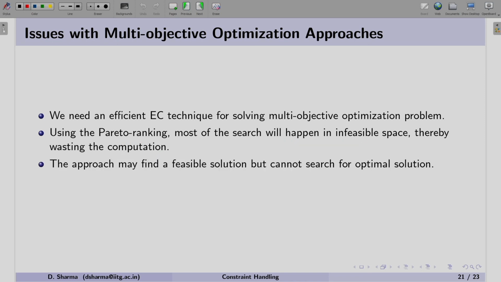Third, the approach may find a feasible solution, but cannot search for the optimum solution. Remember that we have two ways to handle constraint optimization. Either we can have all constraints as independent objective functions, or we can take the second objective as the constraint violation.